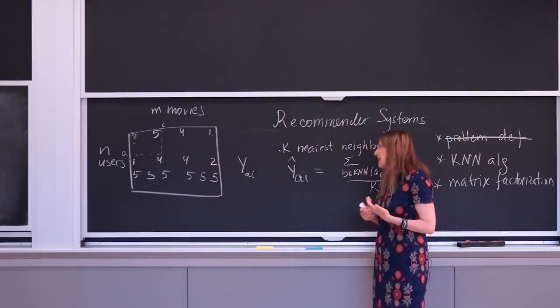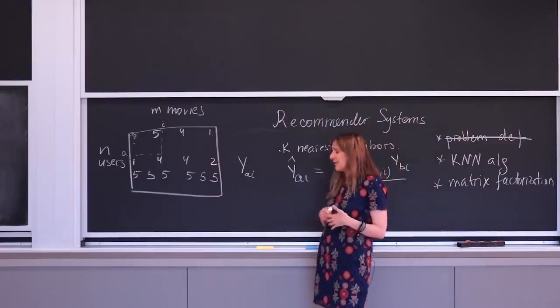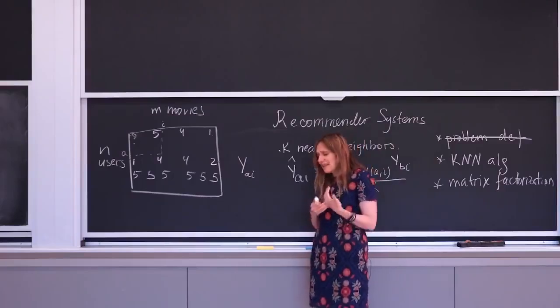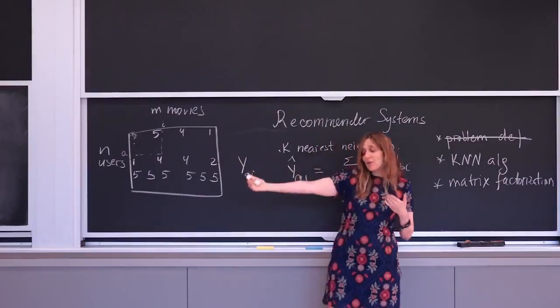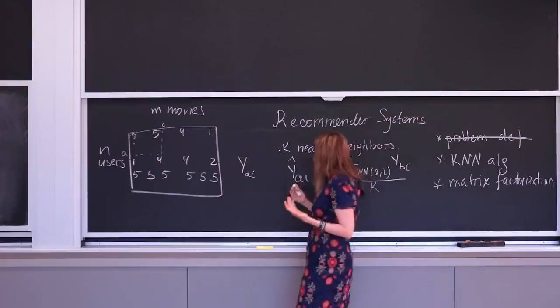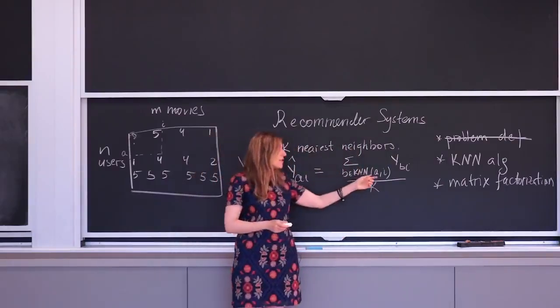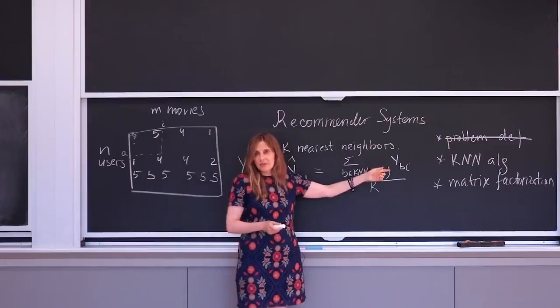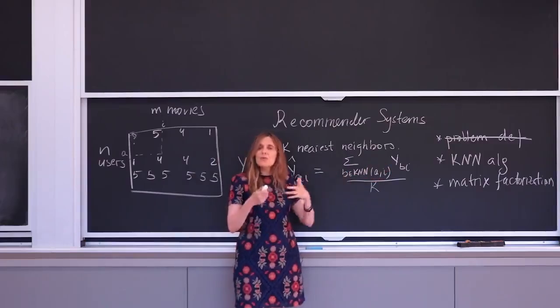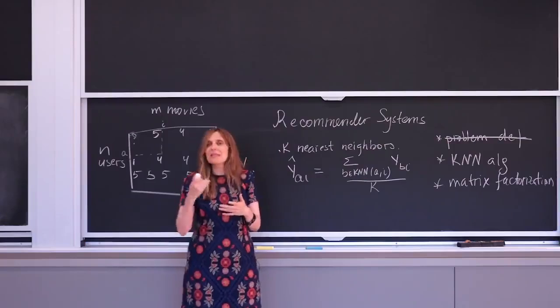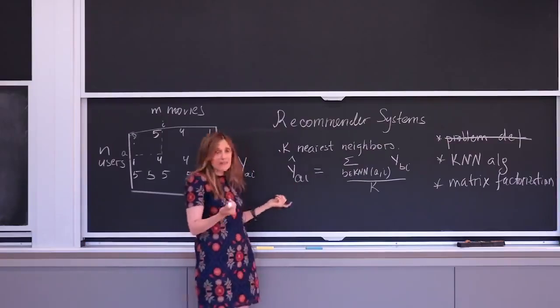Now, some of you may be saying, okay, let's say I want to have K large, and some users are really closer to me, and some users are farther away from me. You can get even more sophisticated, and you can say, okay, I'm not just going to take the score of that user, but I want to weigh it by how similar this user is to me. We can easily do it.